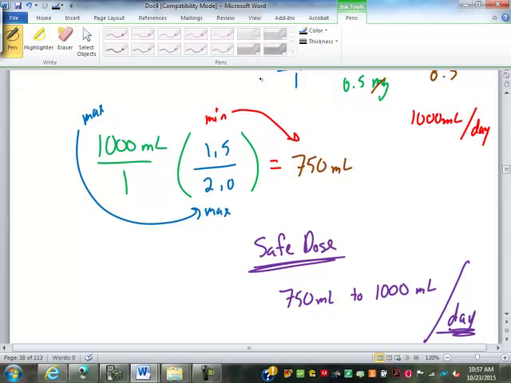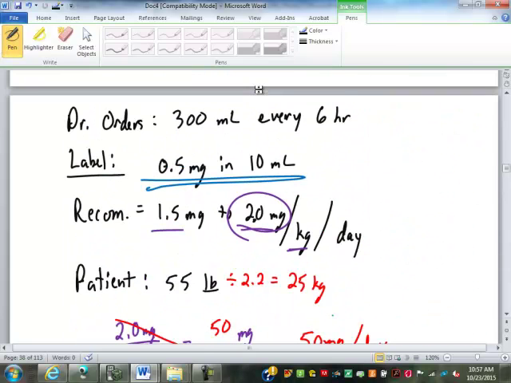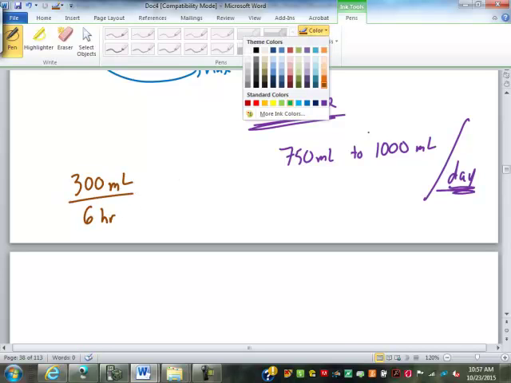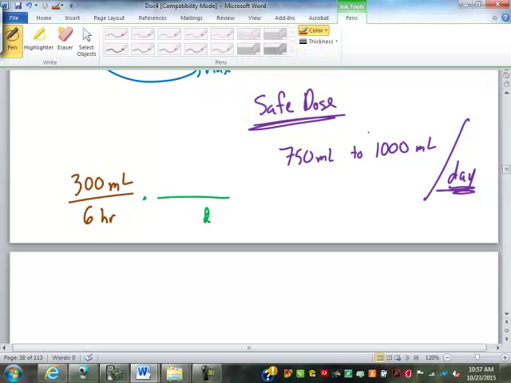So the question then comes, is the doctor's order a safe dose? Well, the doctor ordered 300 milliliters every 6 hours. Now we need to convert this to days.